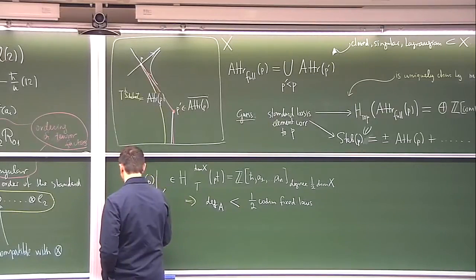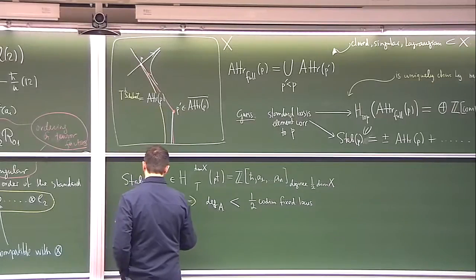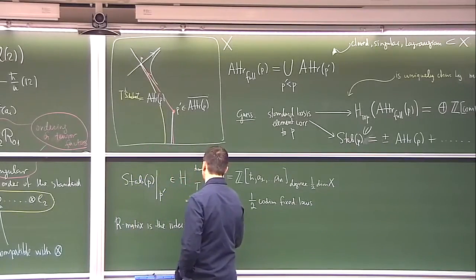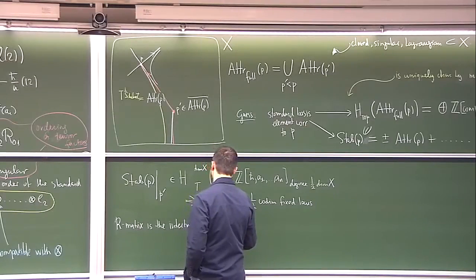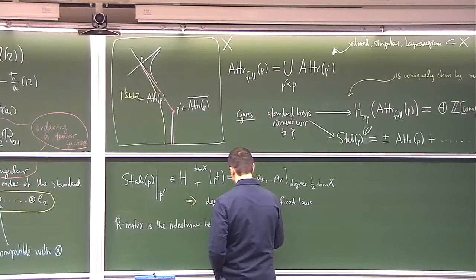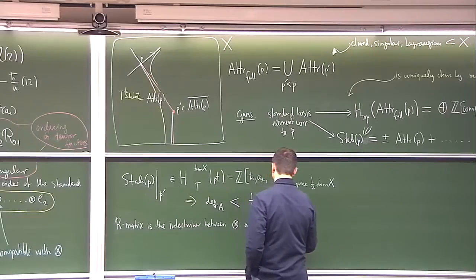The R matrix is the intertwiner between the tensor product and the opposite tensor product.